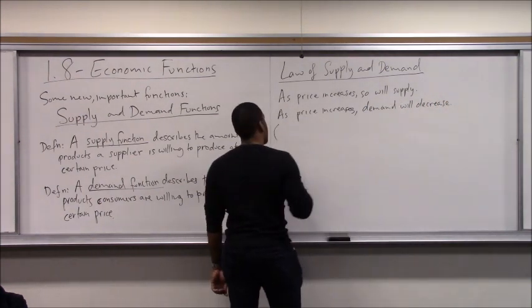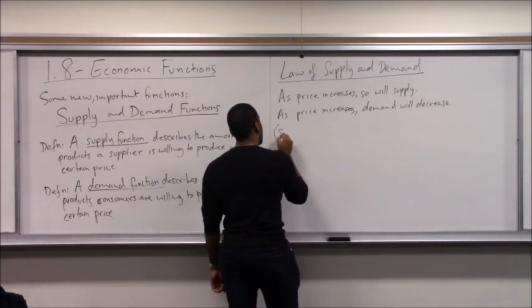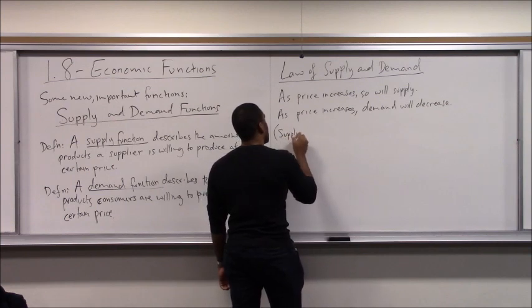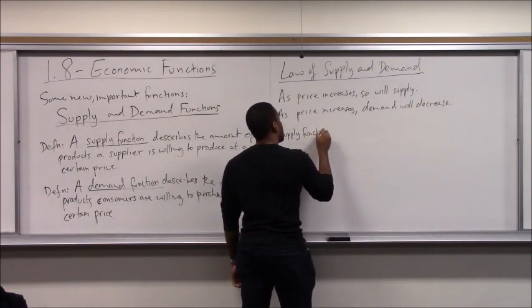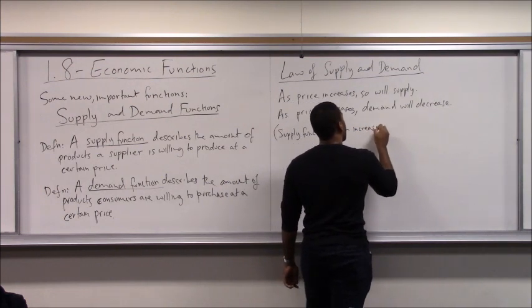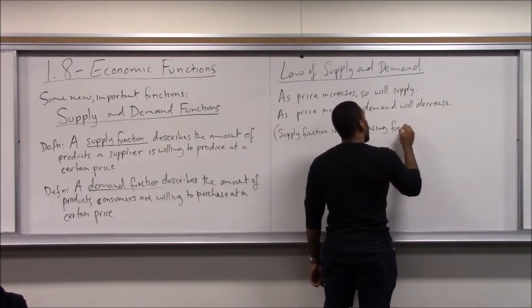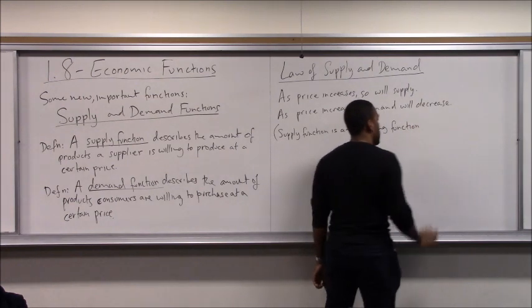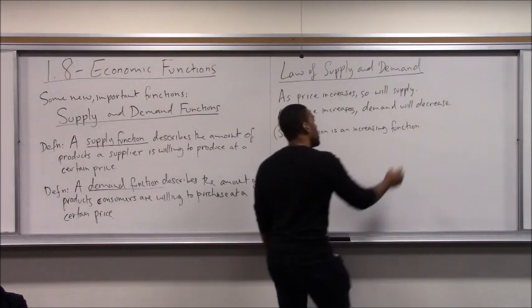In terms of our mathematical vocabulary, we can say the supply function is an increasing function. The higher they can set the price, the more a supplier will be willing to produce.